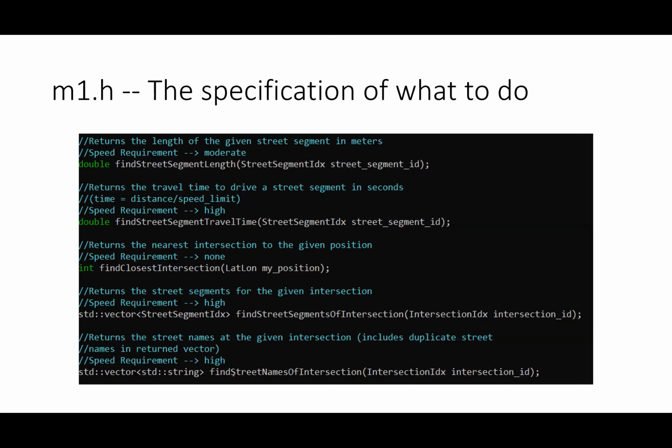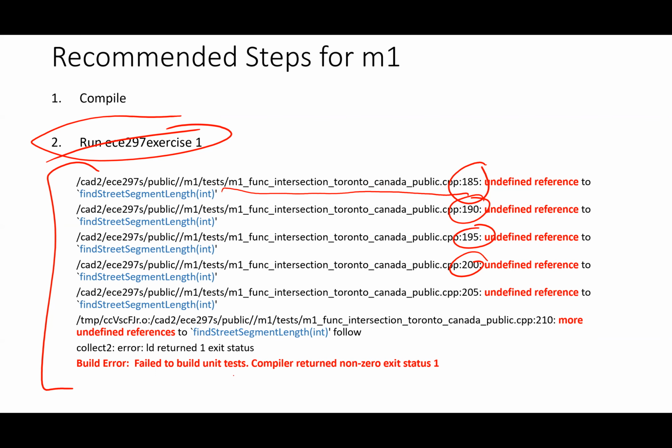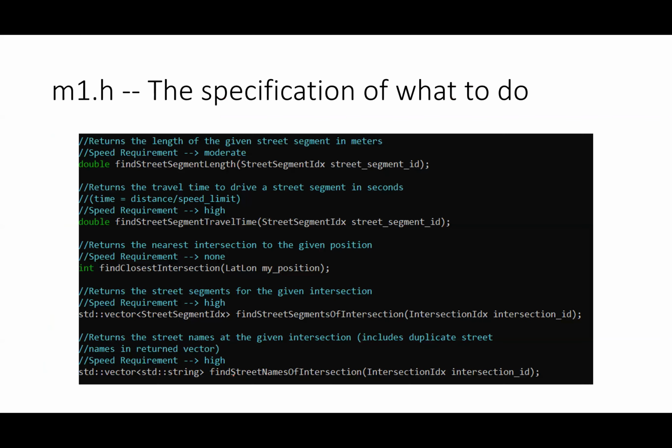Okay. Now, I go look at the header file because I want to know, well, what is this function supposed to do? And let's see which function I said here. All right, find street segment length. So this is the function that it's complaining about. So I need a function that takes a street segment index as its input and returns a length.